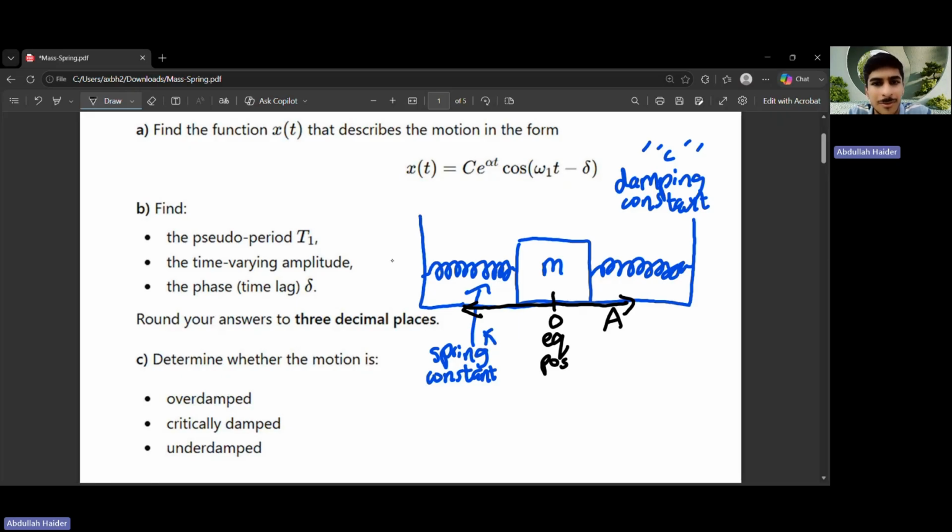In some questions you will be given a word problem, and you need to find the equation of motion from that first. You need to know how to find the period, time lag, time varying amplitude, and determine whether it's critically damped or is there any damping at all. So we'll address that in a while.